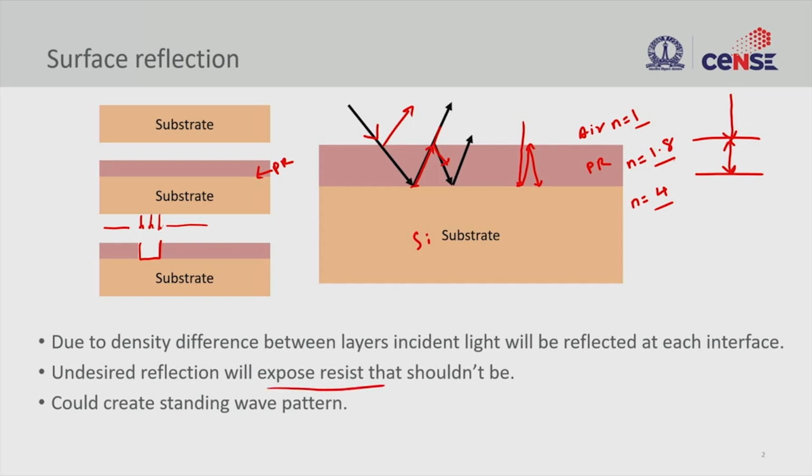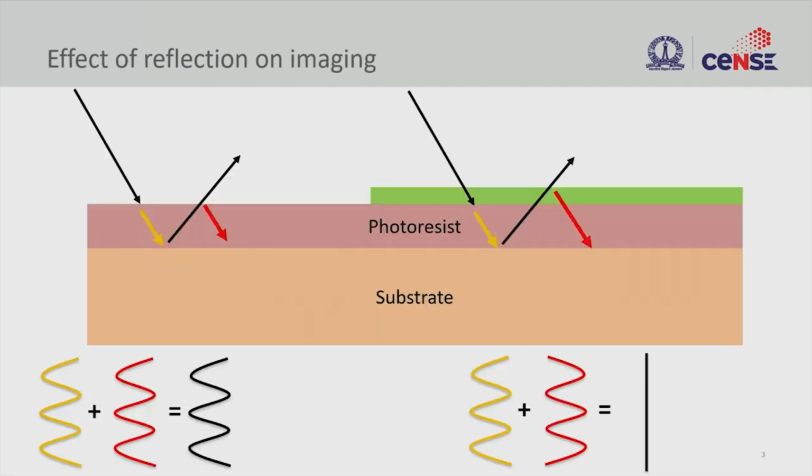This could expose a portion of the resist that should not be exposed, that is not designed, and also this could create a standing wave. Because you create a cavity-like structure here, it can bounce back and forth and create a standing wave. Let's see how these things affect and how we solve this problem.